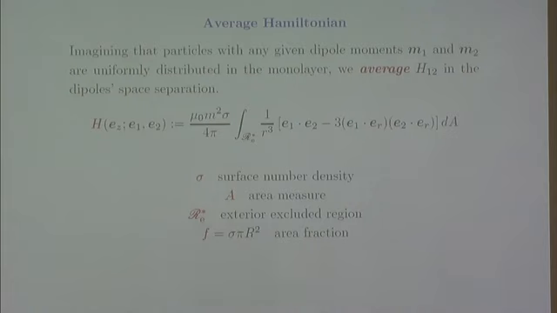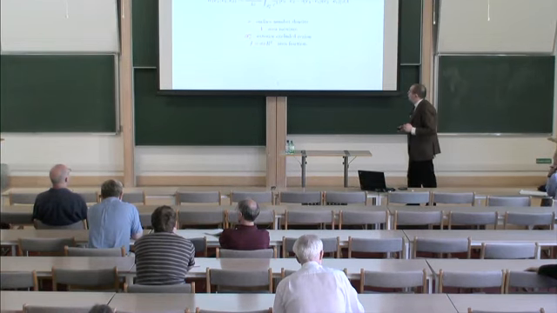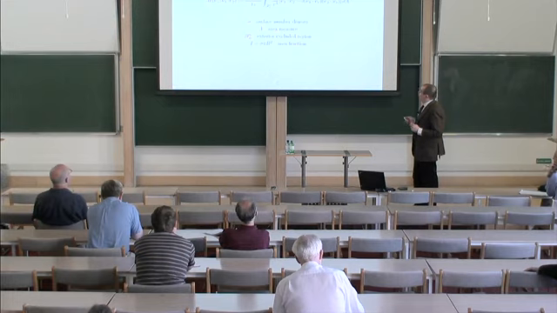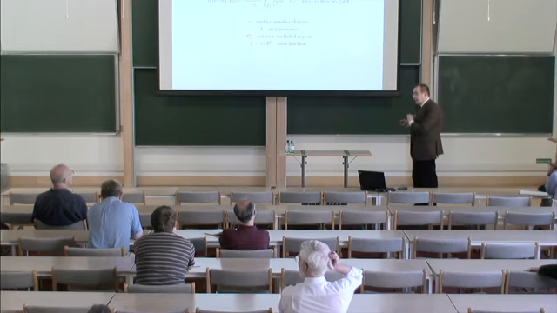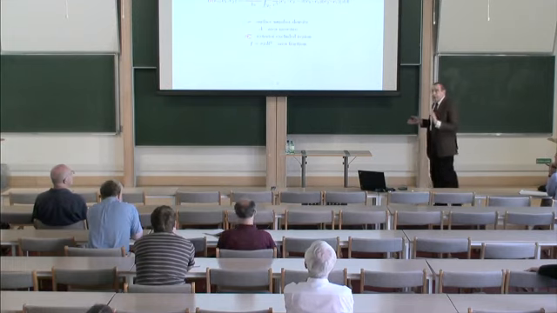Why not the Mayer function? Why don't you average the Mayer function, 1 minus e to the power of the Hamiltonian over kT, rather than the direct macroscopic Hamiltonian? Well, I'll come back to the Mayer function. It will play a role in the aggregation later on, but at the moment it's just a choice.